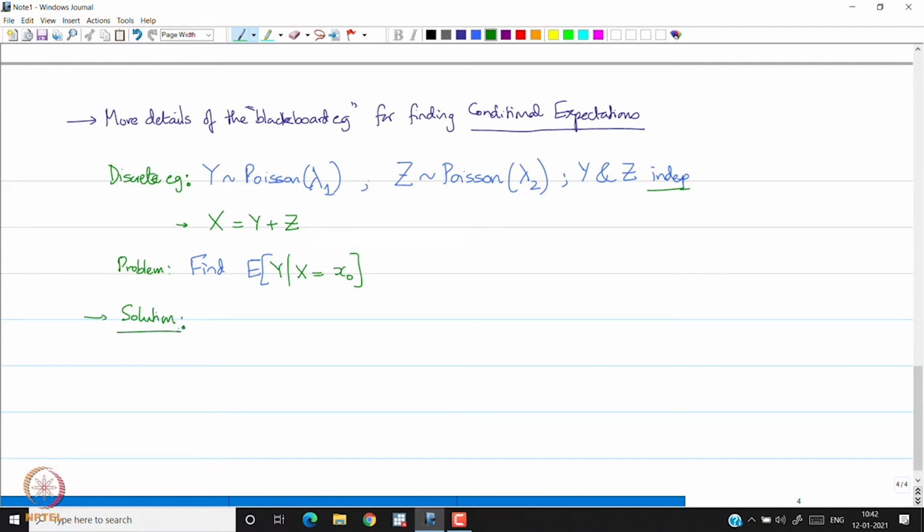First thing, what is the PMF of X here? We know that if we add two independent Poisson random variables, the sum is also Poisson distributed. So we begin with that.